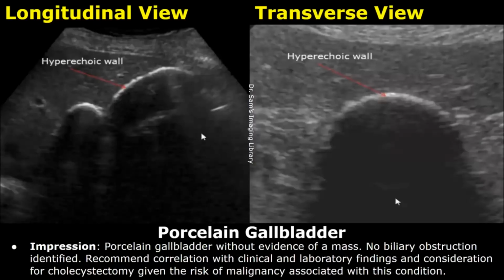This is the impression. You can write porcelain gallbladder with or without the evidence of a mass. And then you can write recommend correlation with clinical and laboratory findings and consideration for cholecystectomy given the risk of malignancy associated with this condition.